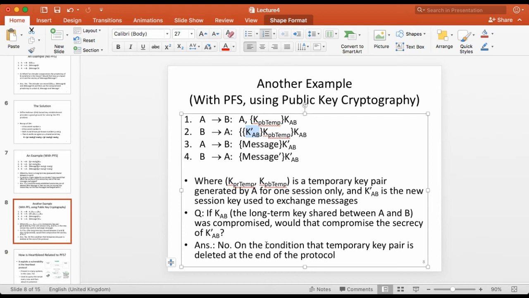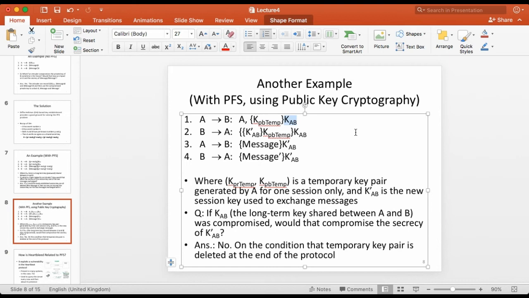Now that comes with a condition attached, which is the assumption that if you as an intruder were able to break into Bob's system or Alice's system and compromise KAB, you have not at the same time compromised the temporary key pair that was generated by Alice before the first message.